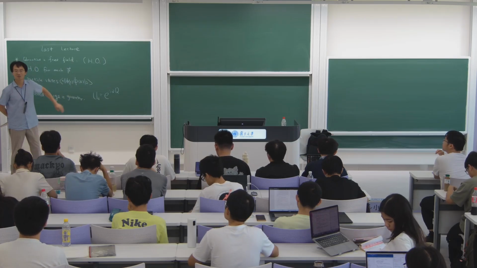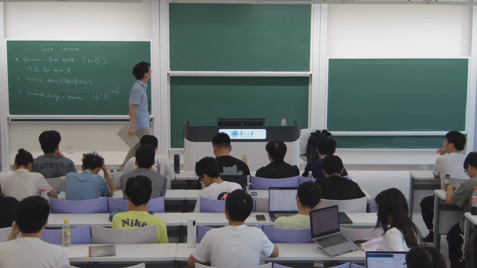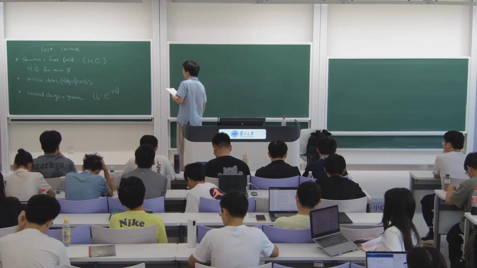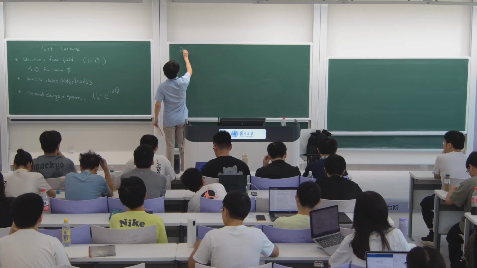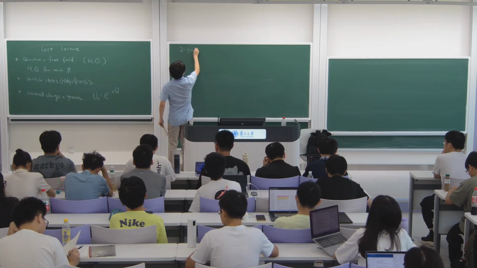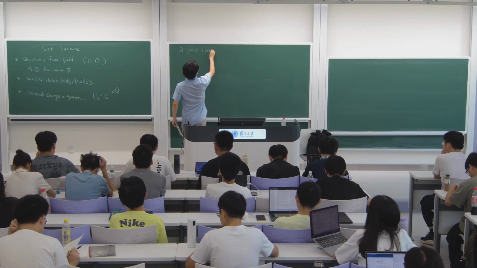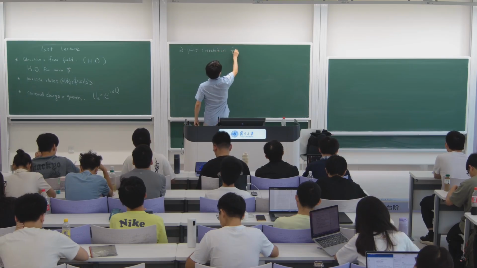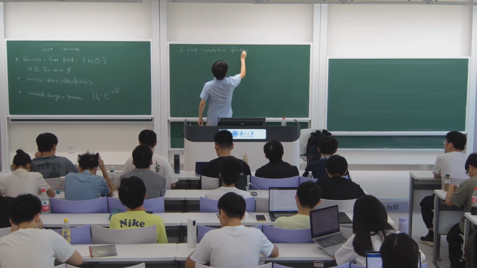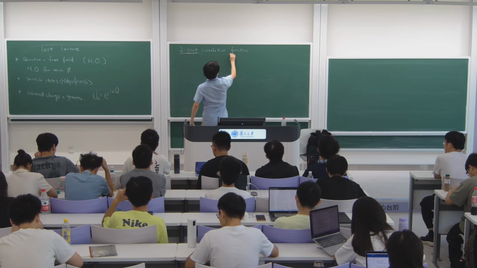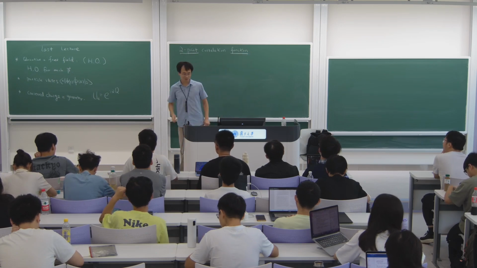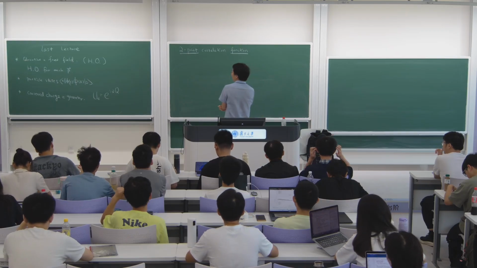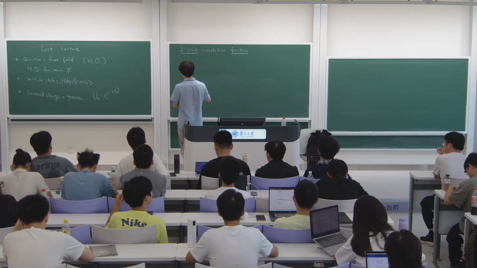Sometimes this is called the 2-point function, or 2-point correlation function, or simply 2-point function for short. So how to calculate this one?